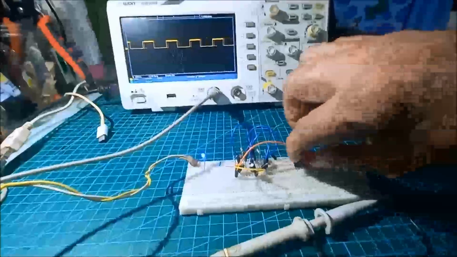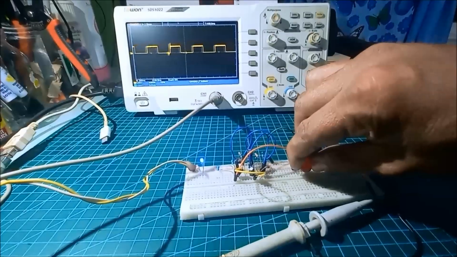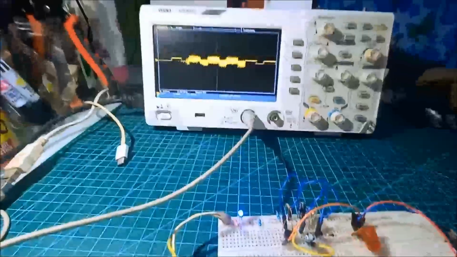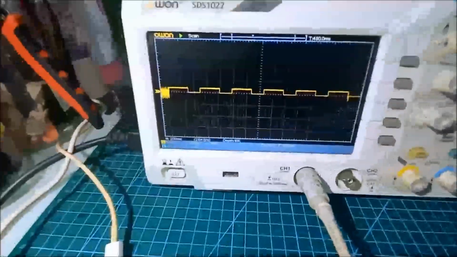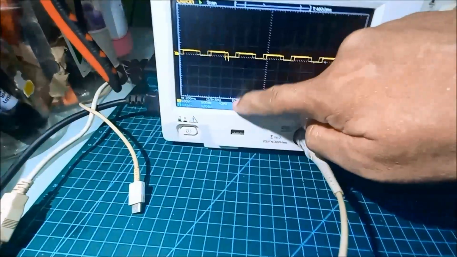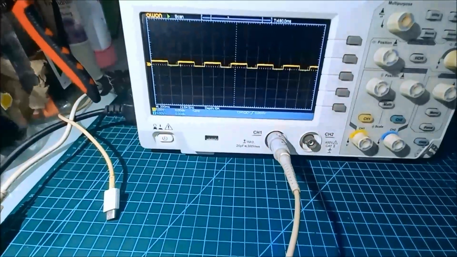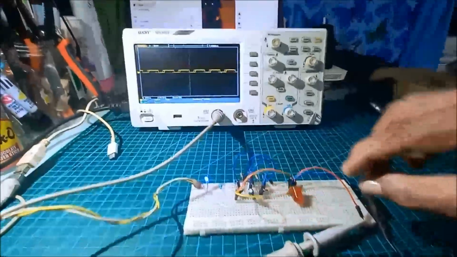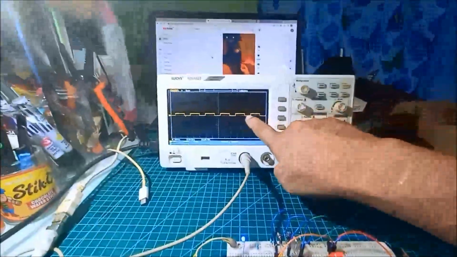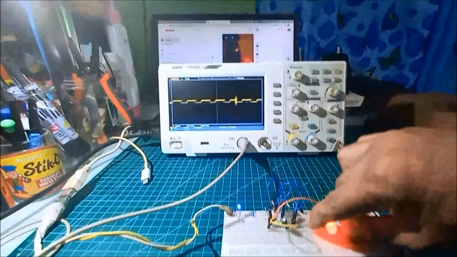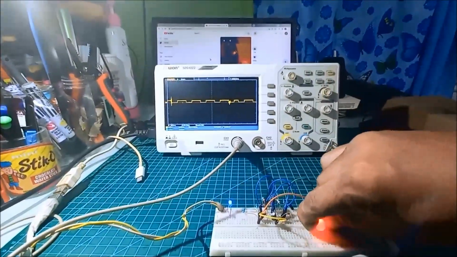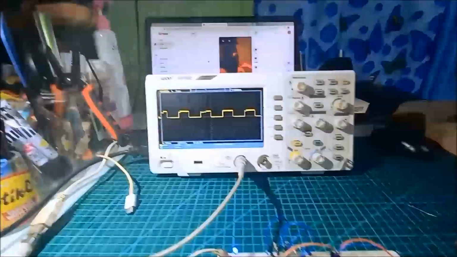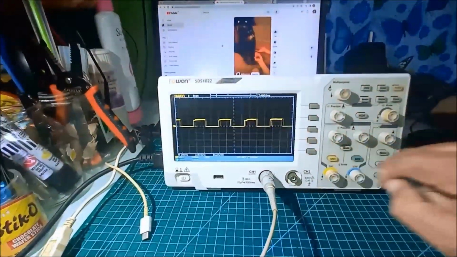With the LED or load, there is a change in the voltage. The amplitude of the waveform without the LED shows an increase in the amplitude of the waveform.